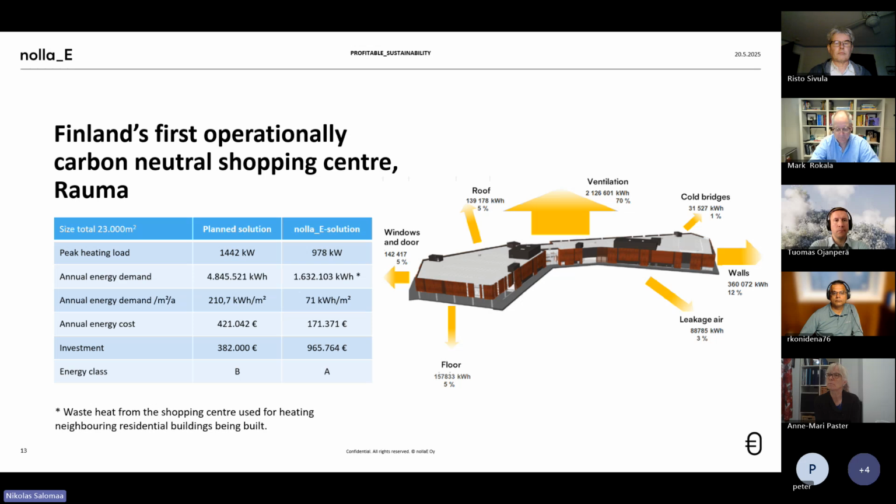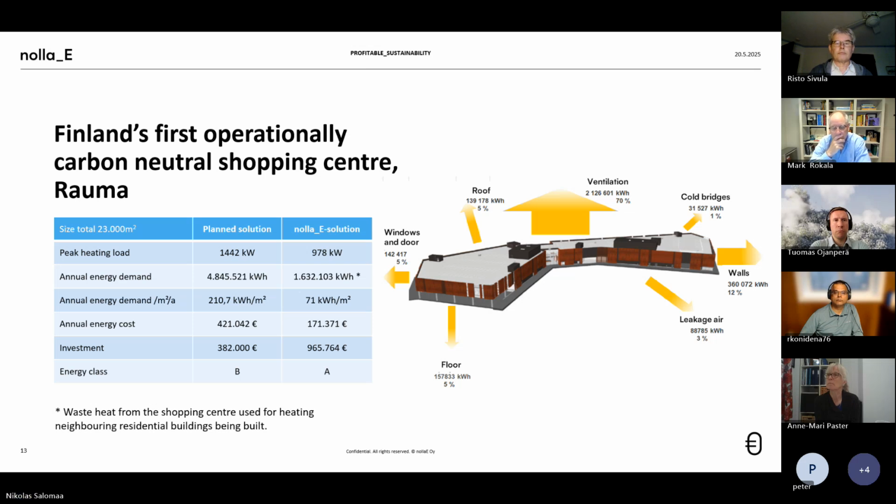That means with an additional investment in the construction phase of 580,000 euros, they have close to 400,000 euros in return annually, which makes it very, very profitable.